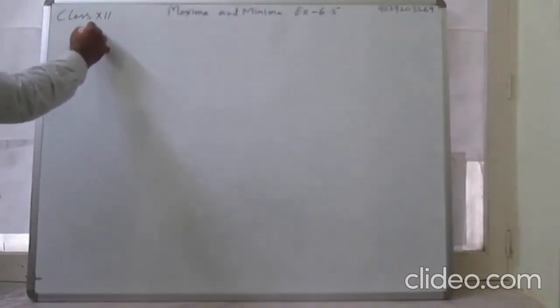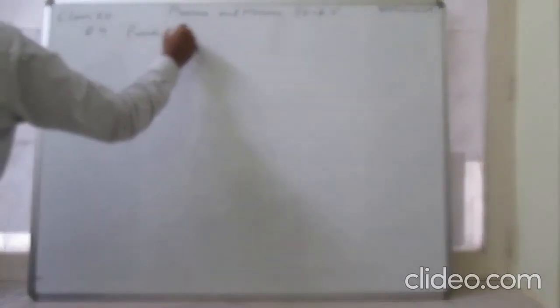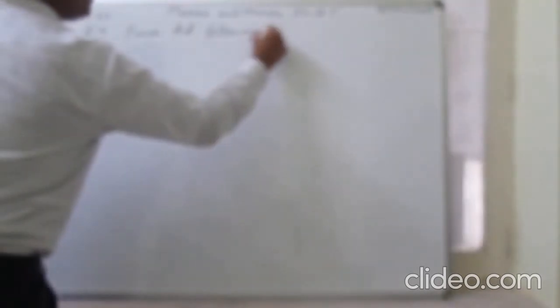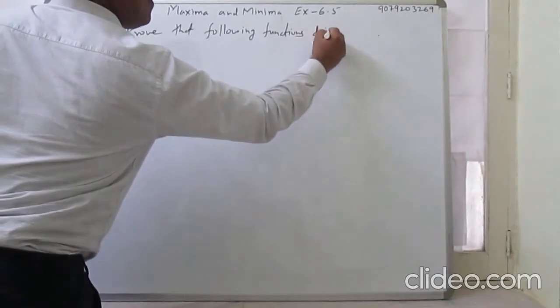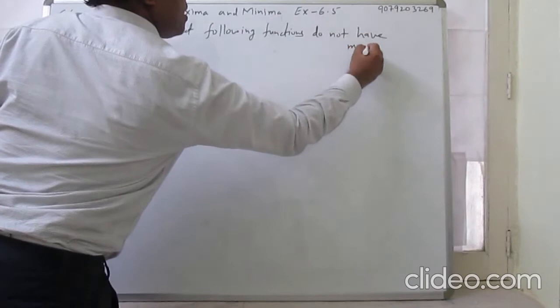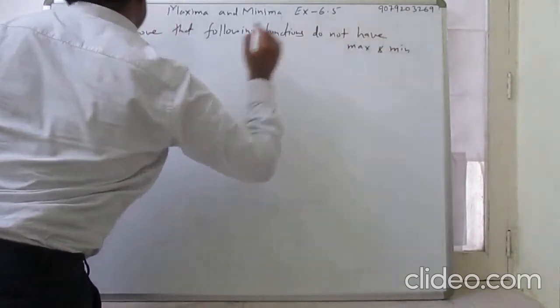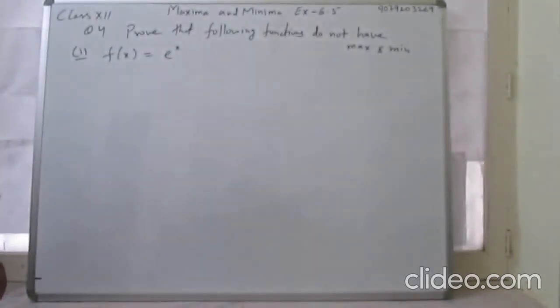Question 4. Prove that the following functions do not have maxima and minima. The function is given to you, fx is equal to e to the power x.